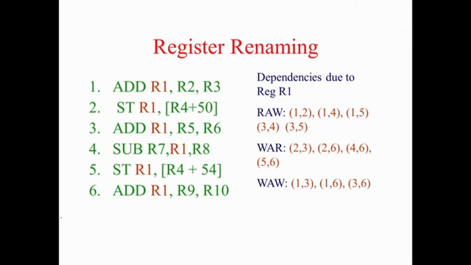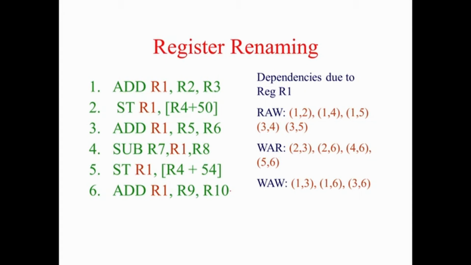Now let us take this set of 6 instructions: add R1, R2, R3; store the result of R1 in R4 plus 50; add R1, R5, R6; subtract R7, R1, R8; store the result of R1 in R4 plus 54; add R1, R9, R10, correct. Now what are all the read after write?